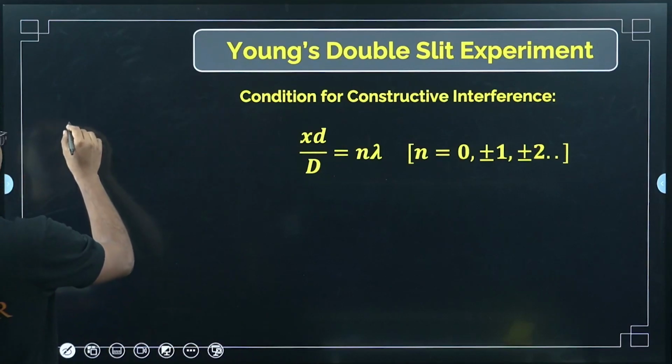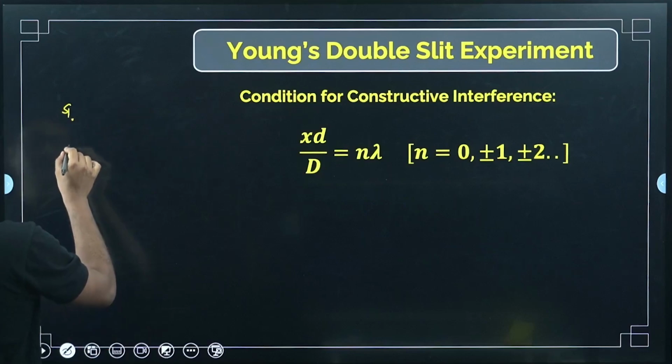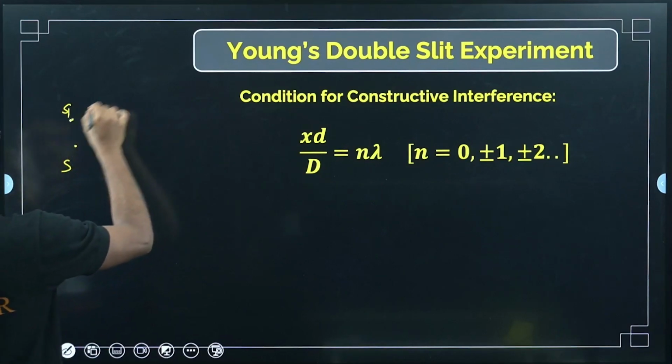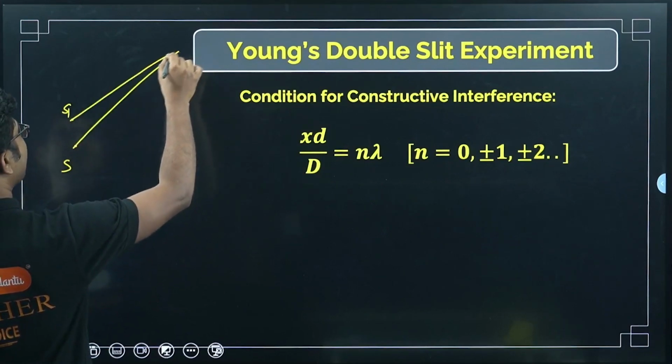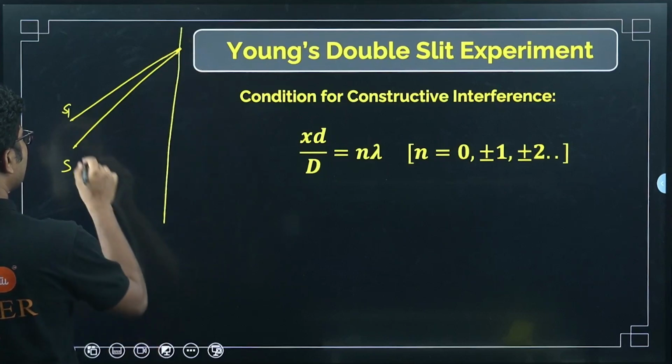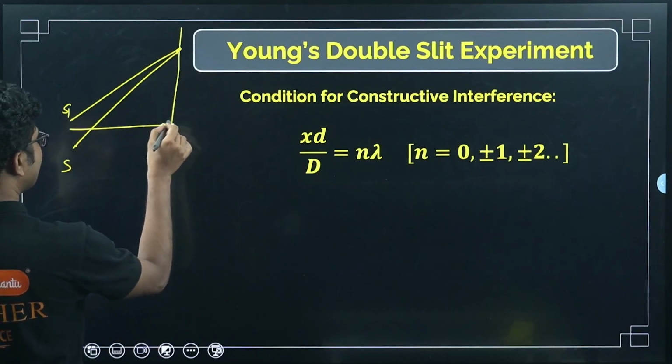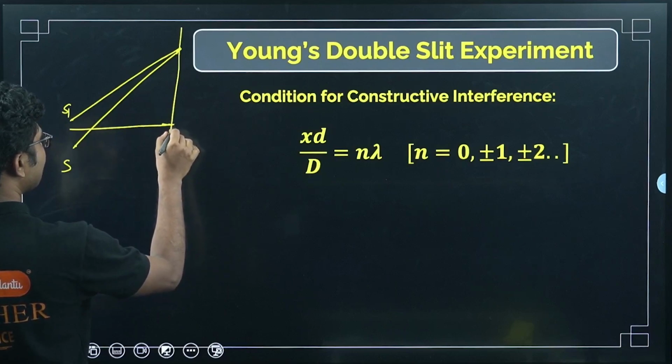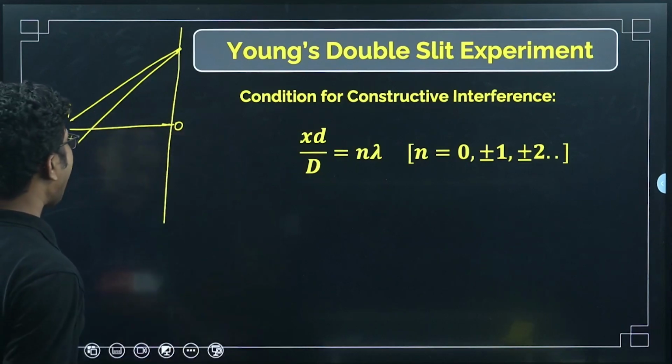Suppose this is my source S1, this is my source S2, and I am observing somewhere here. This is the central line, called the origin.